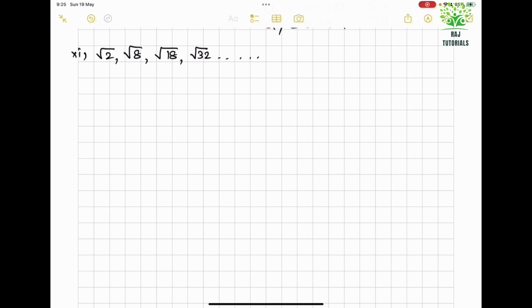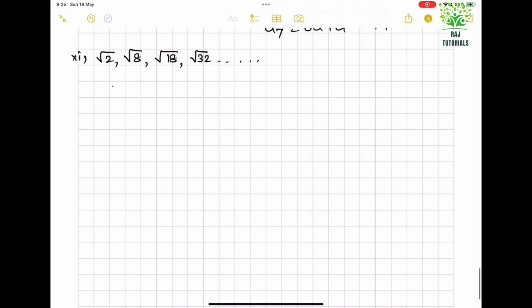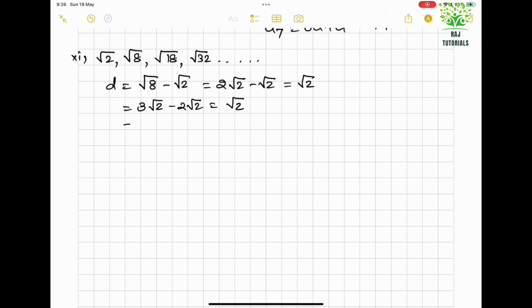11th one is root 2, root 8, root 18, root 32, and so on. So d will be root 8 minus root 2. Root 8 I can write as 2 root 2 minus root 2, so that will be root 2. Root 18, if I take 9 outside, will be 3 root 2 minus 2 root 2, so that will be root 2.